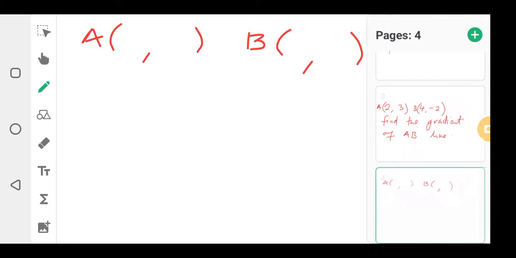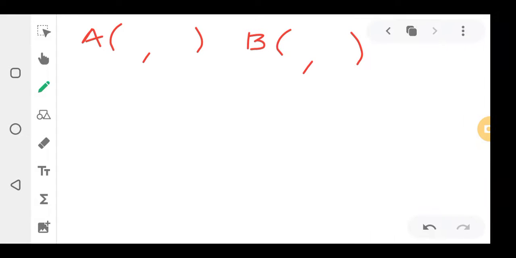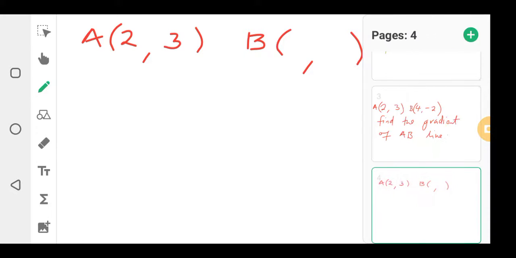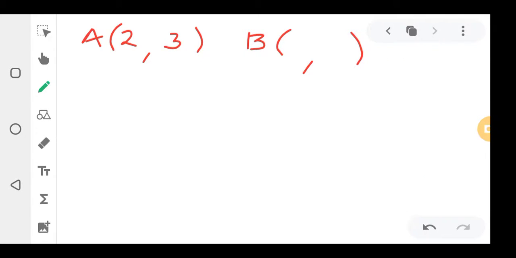Before you find the gradient, you label them: point A and point B. My point A is (2, 3). My point B is (4, -2). When you are done, then you write the formula.